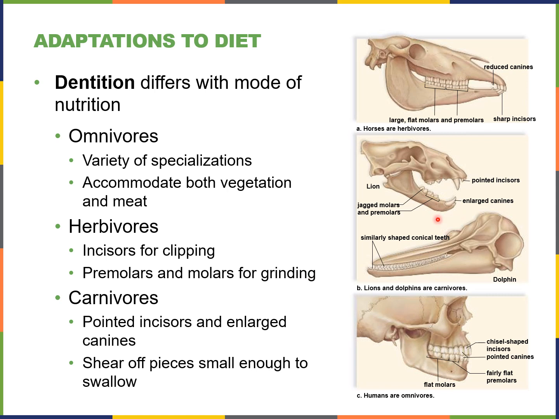Carnivores, you have a little bit more going on, right? You'd have pointed incisors, you'd have big canines, you'd be able to shear off big pieces of meat and swallow those. And in omnivores, like humans, we've got a variety of specializations and we can accommodate both meat and vegetables. So you can see here we've got some incisors, we've got some flat molars. So we've got a little bit of everything within our mouth, and we've got, I think, about 32 teeth.